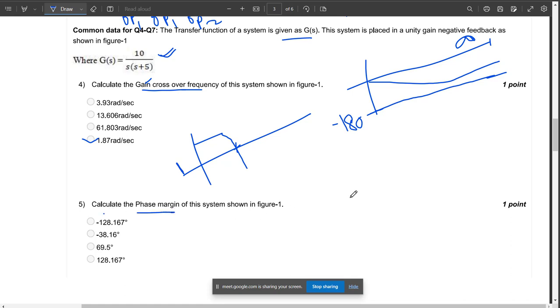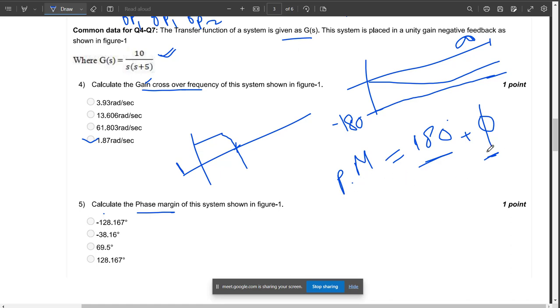You already know how to calculate phase margin: 180 degree plus the phase at the gain crossover frequency. So at the frequency where gain becomes 1, whatever the phase of the system is, plus 180 degree will be equal to the phase margin.